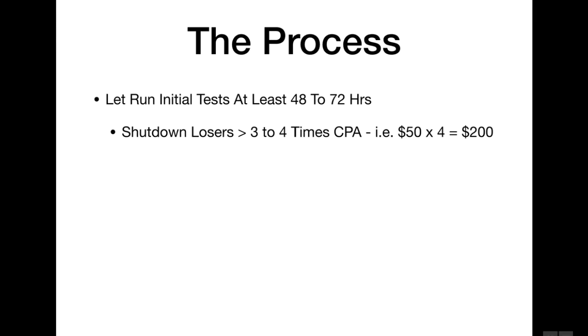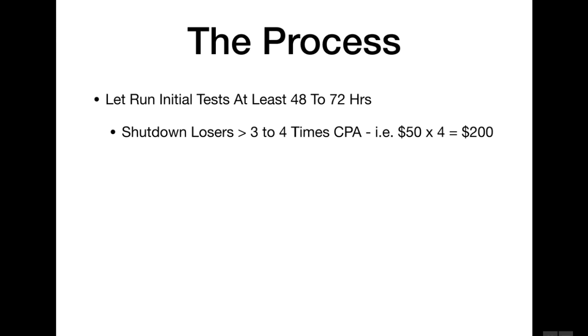Now, you have to shut down losers. When do I consider something a loser? Well, this is very personal, and it has all to do with your comfort level, guys. In my specific markets, I like to go 3 to 4 times CPA. So let's say my cost per acquisition, my CPA, is $50.